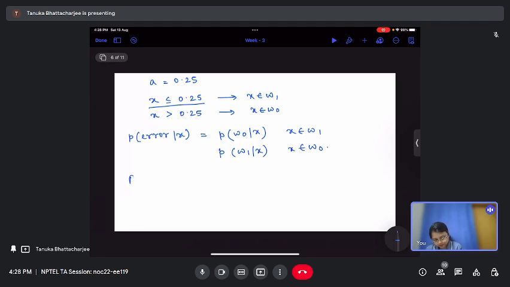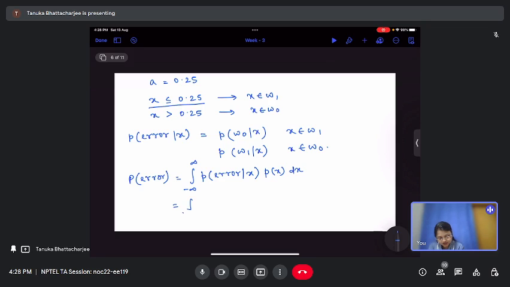So if you want to compute the probability of error, as we know, it is the integration of probability of error given x times p of x dx, that will be the complete probability of error for all values of x from minus infinity to infinity. Now, when you have x less than or equal to 0.25, you are taking the decision x is an element of omega 1. So your corresponding probability of error is probability of omega 0 given x.